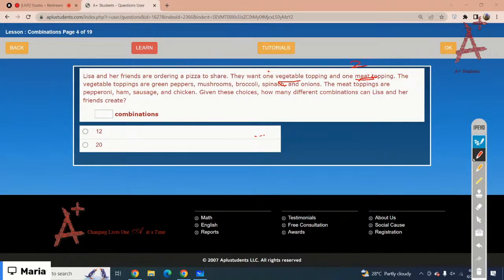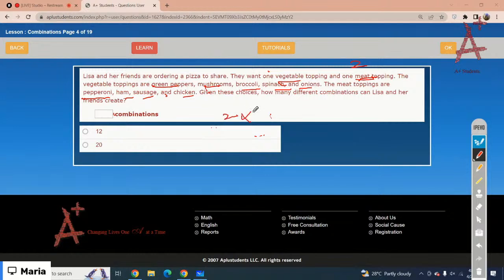So two options. The vegetable toppings are green peppers, mushrooms, broccoli, spinach and onion. They have 5 for this. The meat toppings are pepperoni, ham, sausage, and chicken.